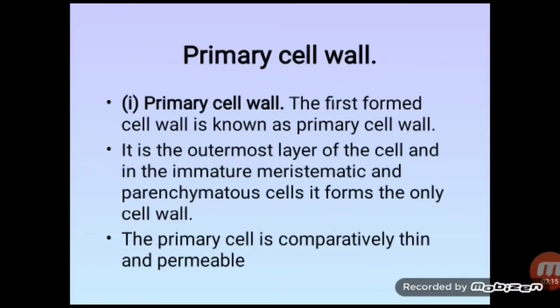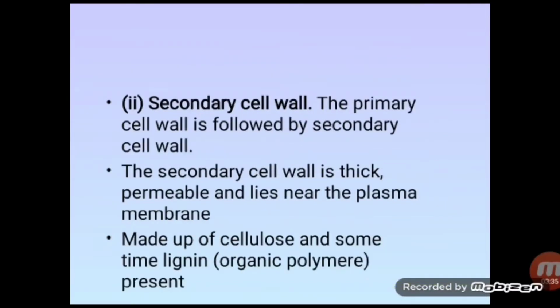Primary cell wall. The primary cell wall is the first product of cell synthesis by protoplasm, deposited on either side of the middle lamella, and it is the outermost layer. The primary cell wall is comparatively thin and permeable to all types of material. Secondary cell wall.